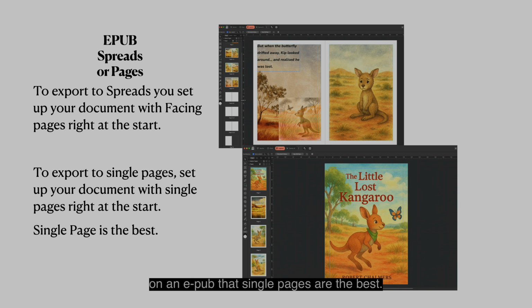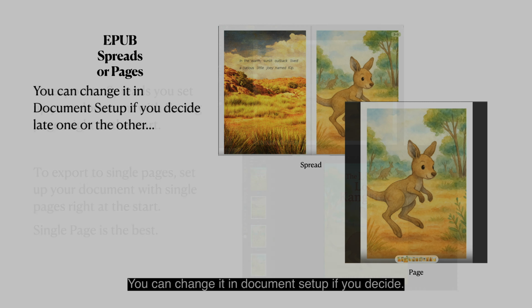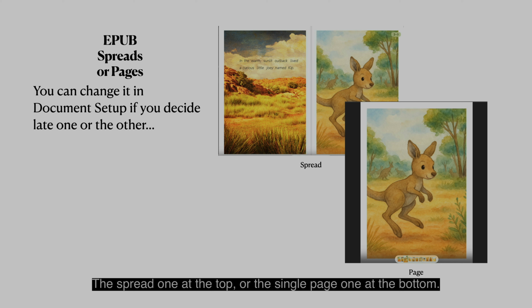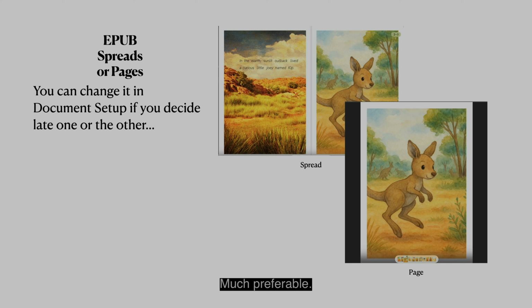I find on an EPUB that single pages are the best, because you've got really no idea what kind of device your readers are going to be using, and a single page will create a very easily readable document. You can change it in Document Setup if you decide late one or the other, the spread one at the top or the single page one at the bottom. Much preferable.